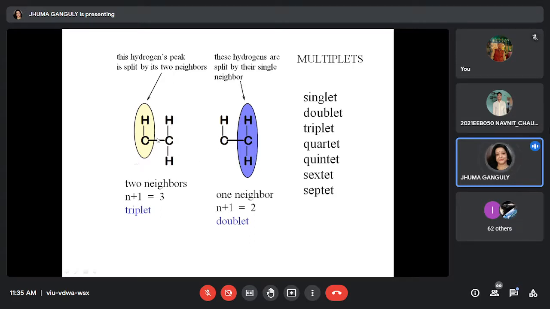So this proton gives a triplet. It appears as a triplet peak. Clear? And next one, there are 2 protons. These 2 protons each have only one neighboring proton. So n+1, 1 plus 1 is equal to 2. So these 2 protons appear as a doublet. Okay.